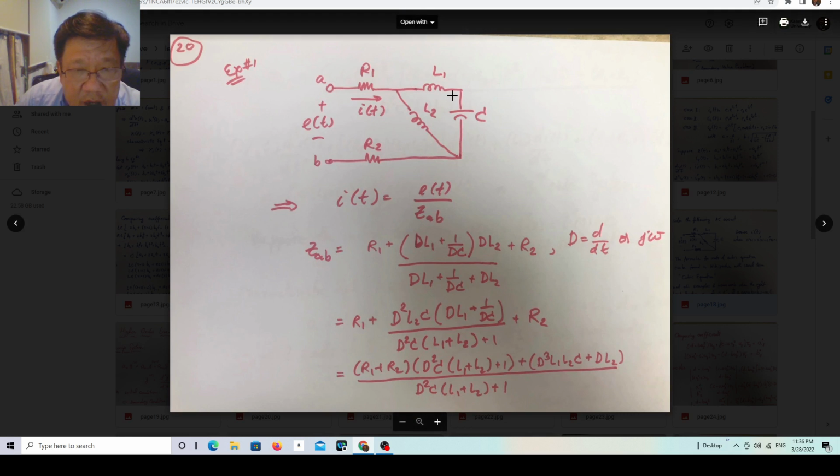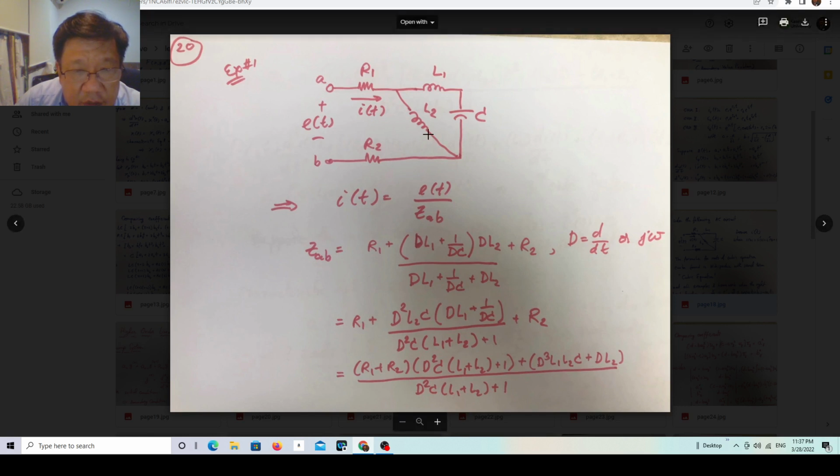From the previous one you know that the impedance across the inductance is D times L. You might remember D times the parameter of the inductors.